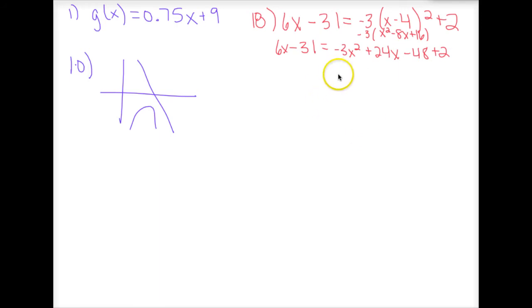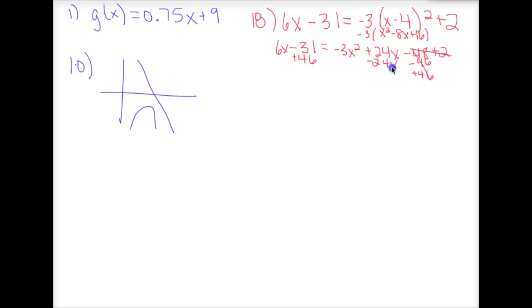So I'm going to move everything to the left side in this case because I like for my squared term to be positive. I'm going to combine these like terms first. Those together give me a negative 46. So when I'm moving it over, that's going to be a plus 46, so those cancel.